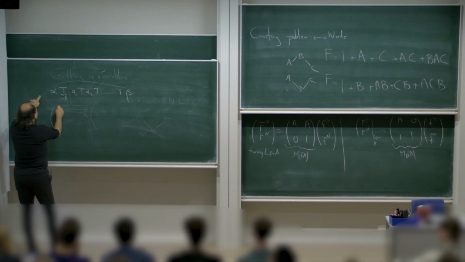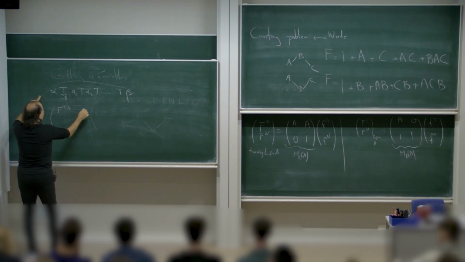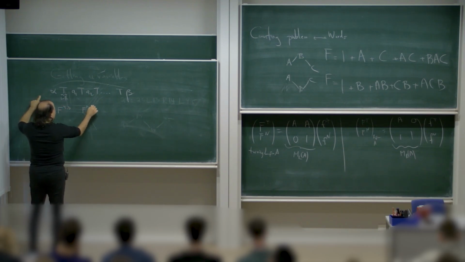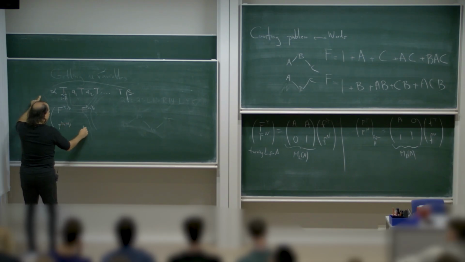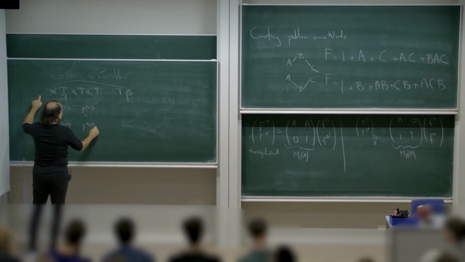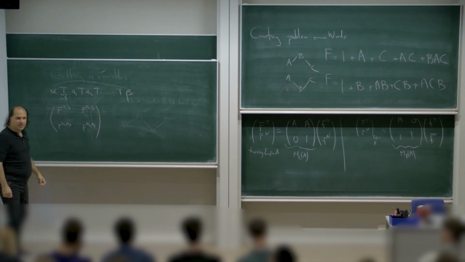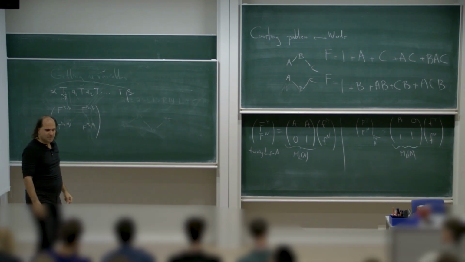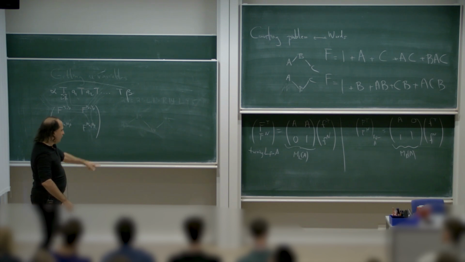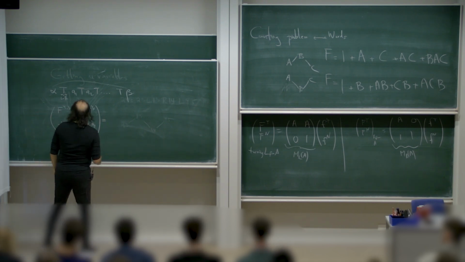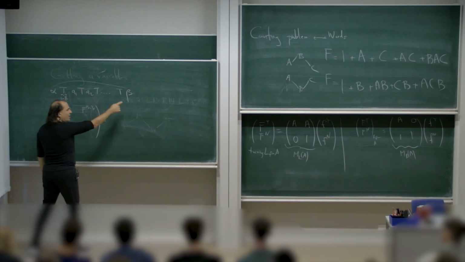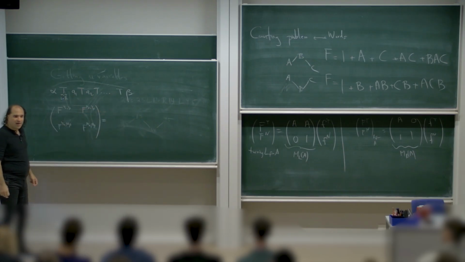Let me call them f has yes on alpha, yes on beta; f no on alpha, yes on beta; f yes on alpha, no on beta; and f no on both. So this is a 2 by 2 matrix, and it's a trivial consequence of what I just told you that this matrix is in fact the product of all of these matrices.